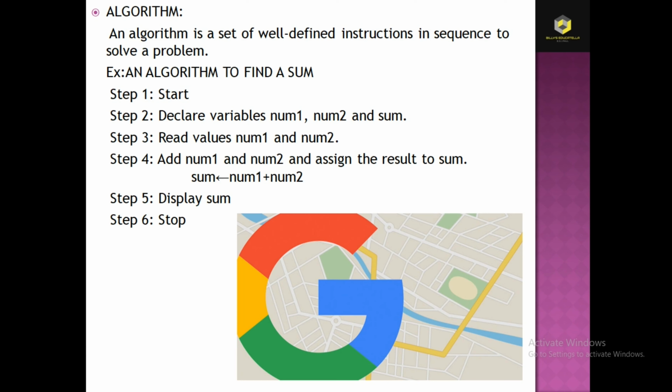An algorithm is a set of well-defined instructions in sequence to solve a problem. For example, we take an algorithm to find a sum. Before building a program, there is a step-by-step procedure which we have to follow. First, we start the program, declare which numbers we have to take, and declare the element in which we store the sum.